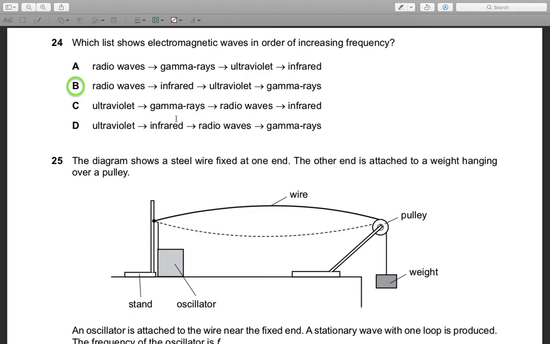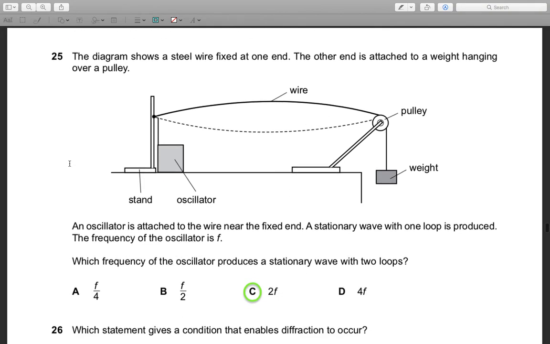C is wrong because gamma ray is high frequency. And D is wrong because radio wave is low frequency. So the answer is B.